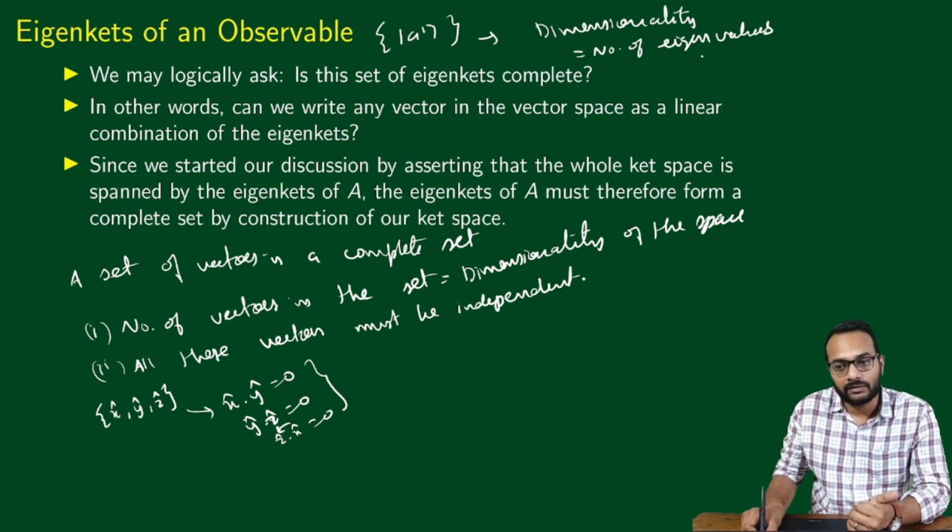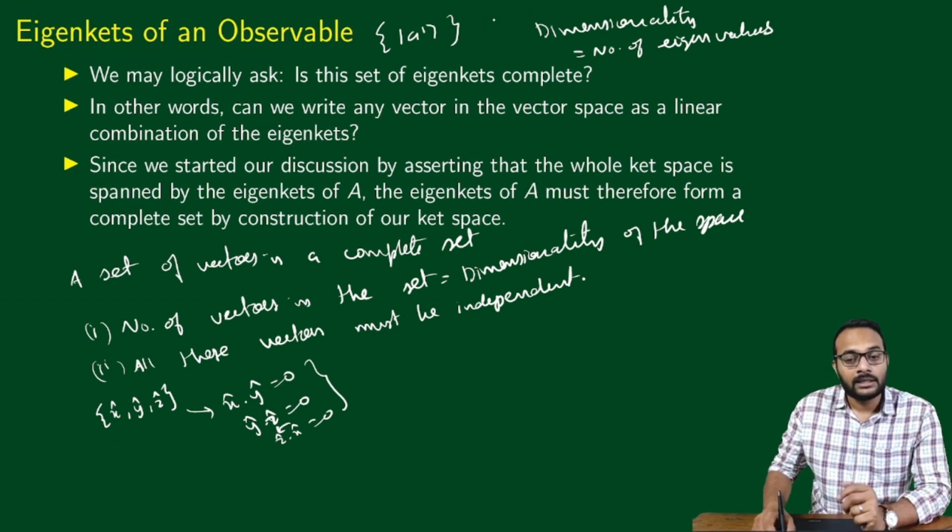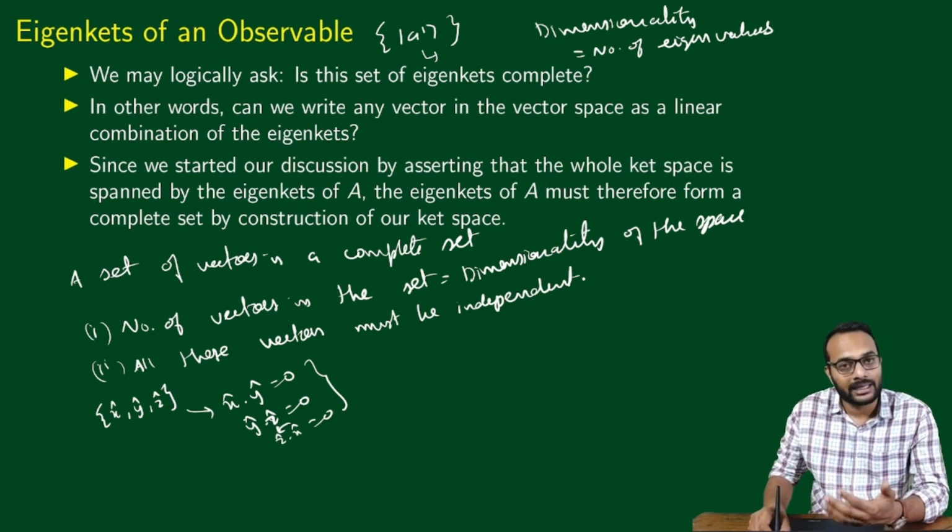So the number of eigenvalues is equal to the number of eigenvectors. Now the dimensionality was equal to the number of eigenvalues. That means that the dimensionality is equal to the number of eigenvectors. So this set has a number of vectors which is equal to the dimensionality of the space. This is true by construction. This is how we constructed our vector space.